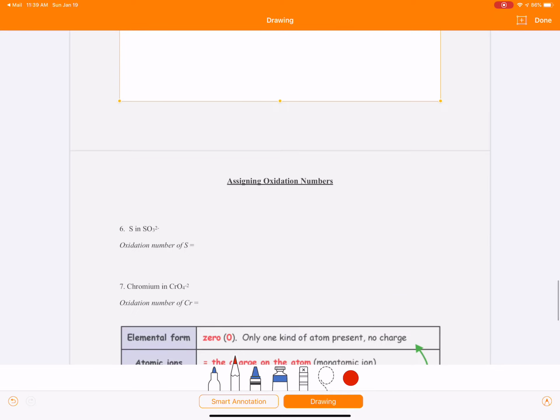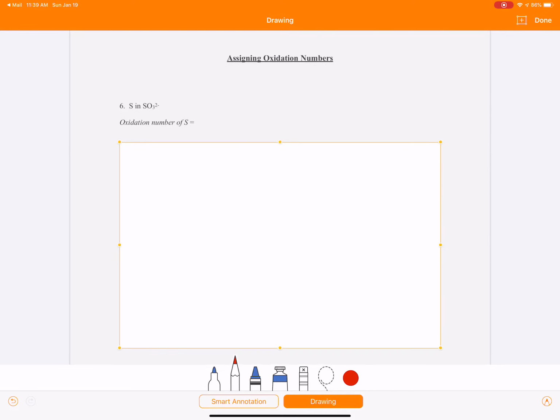All right, so this is a different type of problem here. We're given sulfite and we're asked for the oxidation number of sulfur. But the sulfite ion has a charge of -2. So what do we do here? All right, let's take a closer look.